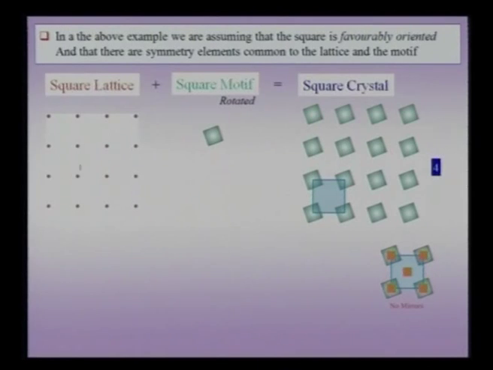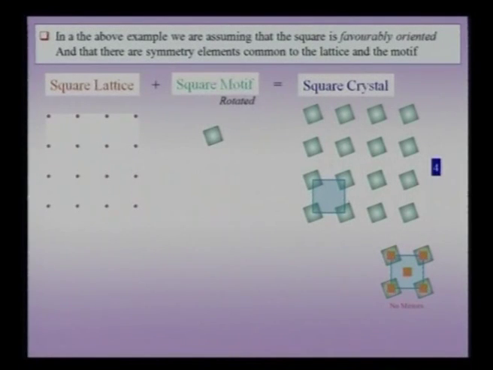So I have my square lattice, I have a rotated motif which goes on to decorate each lattice point, and we had mentioned that when we go from lattice point to lattice point, I am not allowed to rotate the motif, and I have to put it in the same orientation, and that orientation is the one which I have used here. The unit cell is not altered; it remains the same as before.